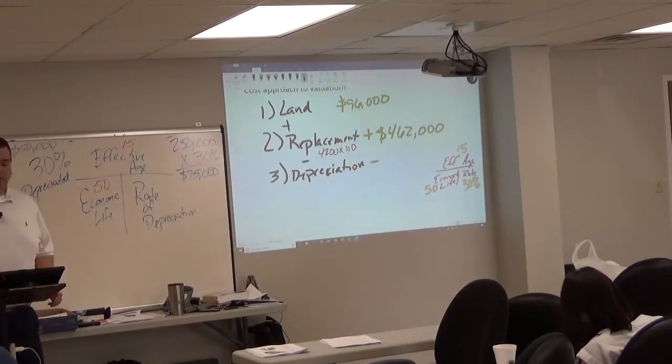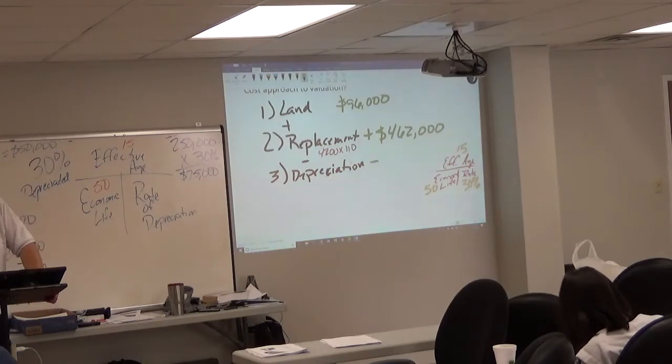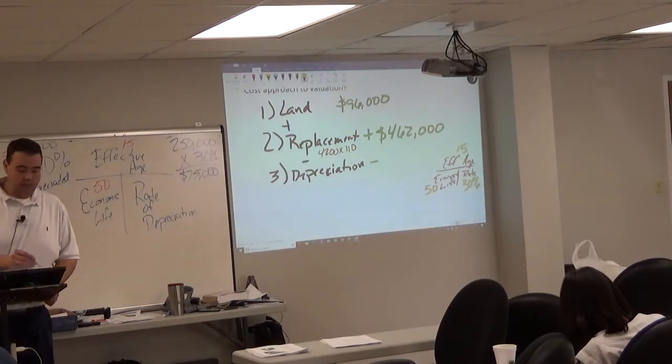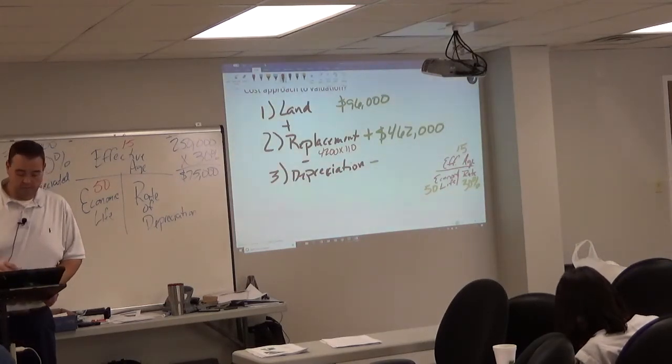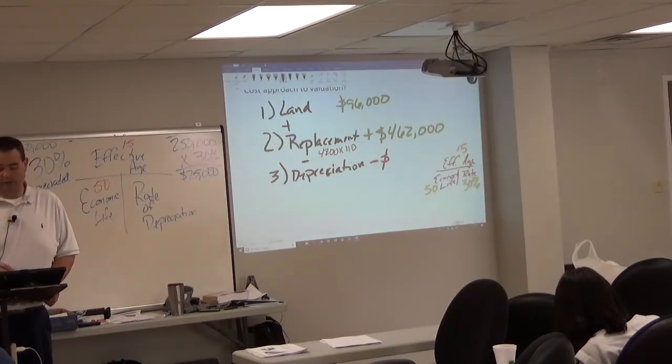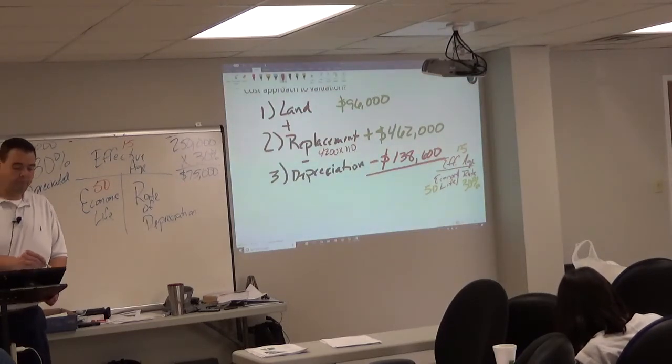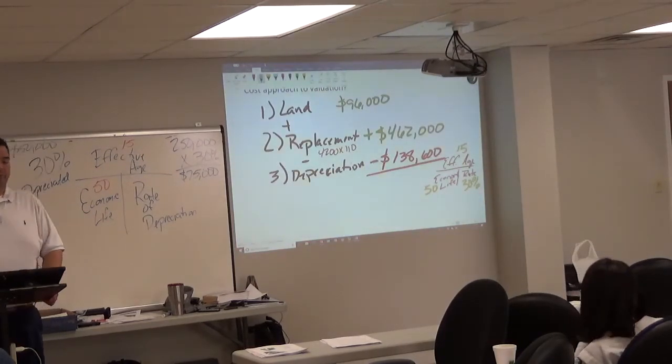30% of what number? 462, right? So, $462,000 times 30%, and that's going to be minus $138,600. And then it's just a matter of totaling that up.